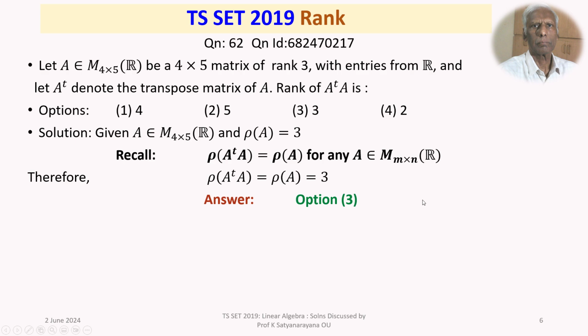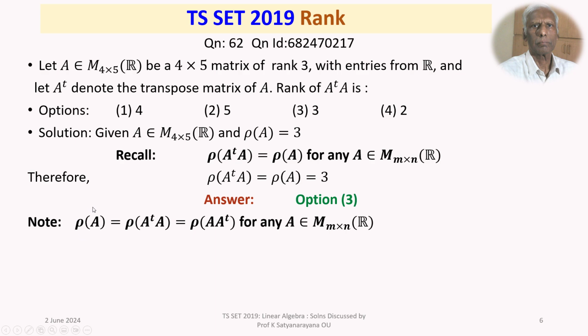Right. Let's now move on, and you may note down. Rank of A is equal to rank of A transpose A is equal to rank of AA transpose for any A belongs to M by N over R. This condition is a must.